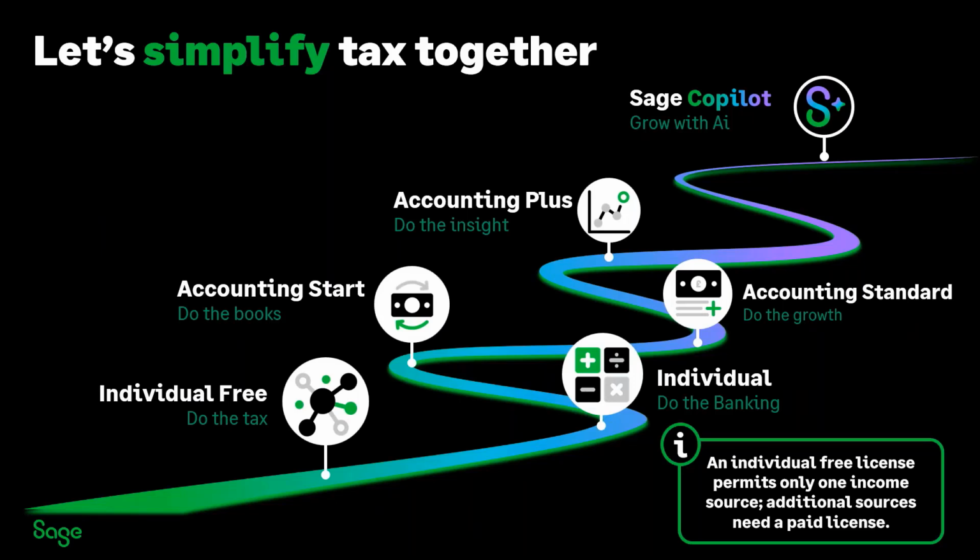You will need a license per income source, but you can use the same Sage login details. You're not going to need an email address and a login for each one of those. You will have the same Sage account that you can log in to, and you can access all of those companies or income sources in one place. You'll find out more of that with our Sage Accounting product. Like I say, we are going to be doing webinars, and I'm going to show you where you can get registered for those as well.